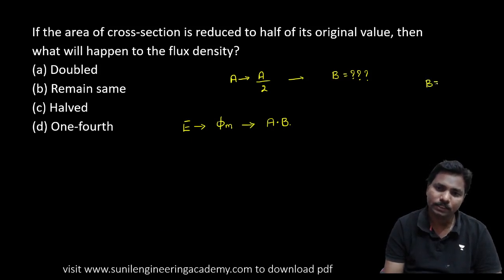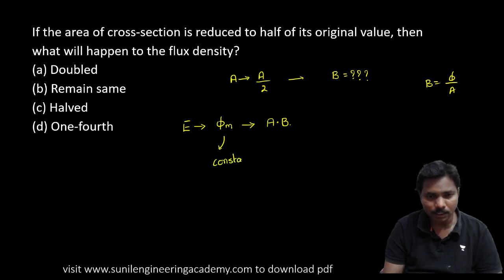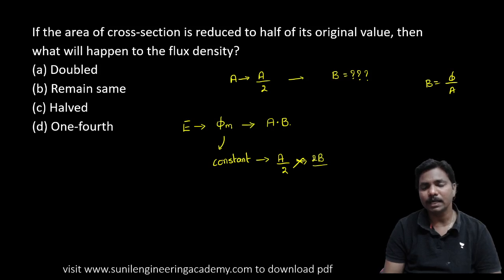We know flux density is flux per unit area, so flux is equal to AB. If you want to maintain constant maximum flux, whenever area is reduced, in the same way we have to increase the flux density. Then only the two will cancel, and you get constant flux.